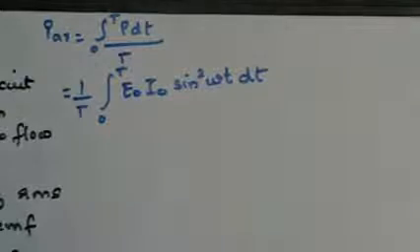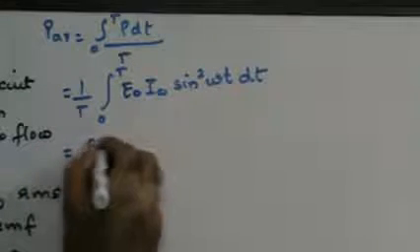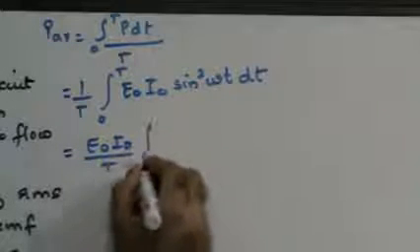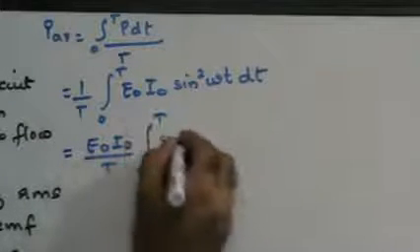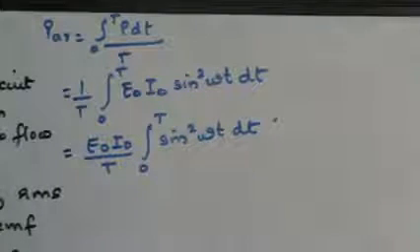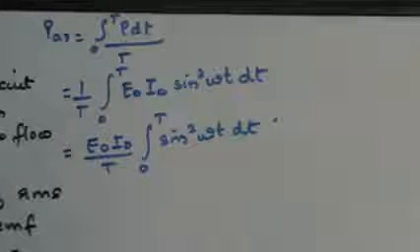The value of instantaneous power was E0 I0 sin square omega t. Now, E0 and I0 are constants, so I can say this is E0 I0 upon T integral of 0 to T sin square omega t dt, right? But omega is nothing but 2 pi upon T, right?